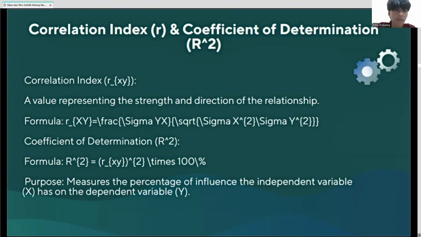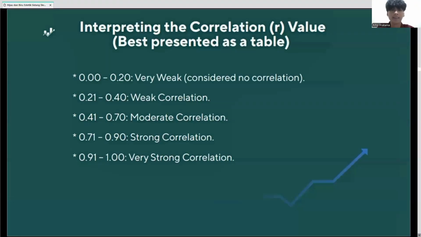Coefficient of determination r squared. Formula: r squared equals rxy squared times 100%. Purpose: measure the percentage of influence the independent variable X has on the dependent variable Y.